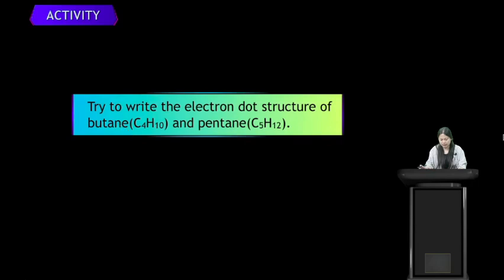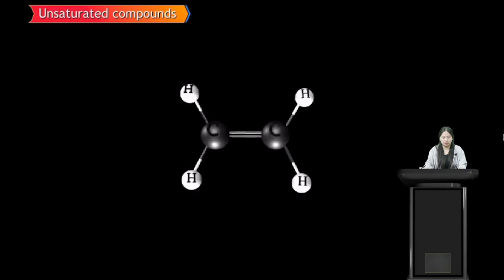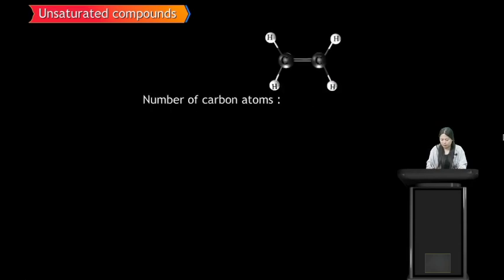Okay, let us proceed. Unsaturated compounds. Now we have seen that alkenes and alkynes are unsaturated compounds. The first example we have here is this compound. In this compound we have 2 carbon atoms. The number of hydrogen atoms here is 4. So the chemical formula of this compound will be C2H4.